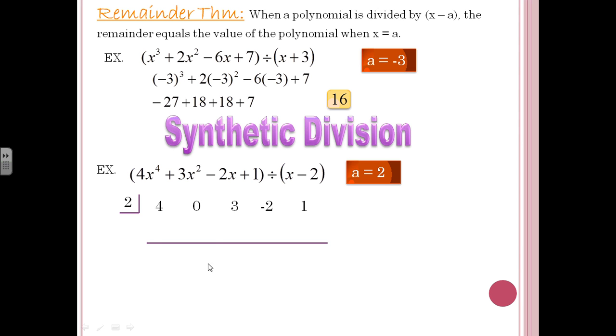You don't have to do that if you don't want to, but to start off synthetic division, the very first thing we're going to do is take this 4 and bring it below the line. And then the next thing is we're going to take 4 and multiply it by a, which is 2, so we get 8. And we place it in the next column underneath the 0. And then we add these two together and place it below the line.